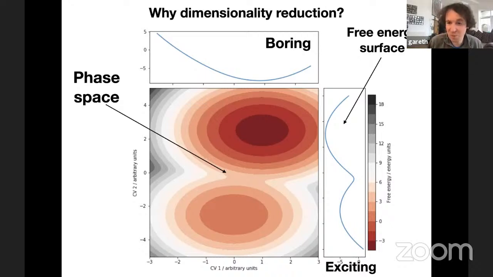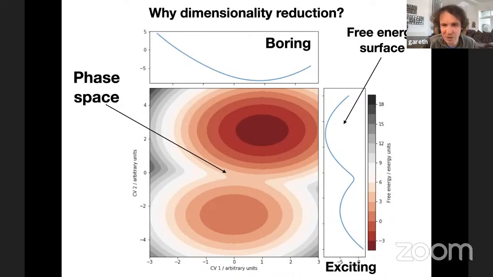So normally what we'd want to do is integrate out the boring directions, the directions where there are no minima, no metastable states, and have the free energy as a function of the interesting directions, the directions where we have multiple minima and metastable states. Okay, so that's sort of the objective.